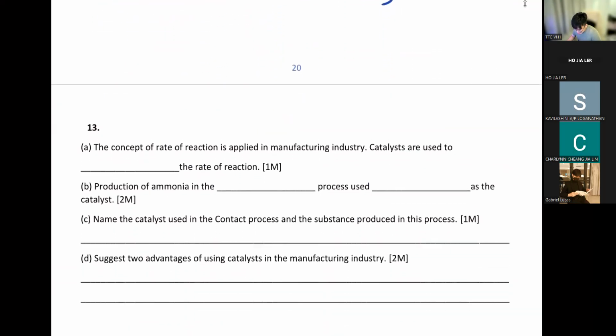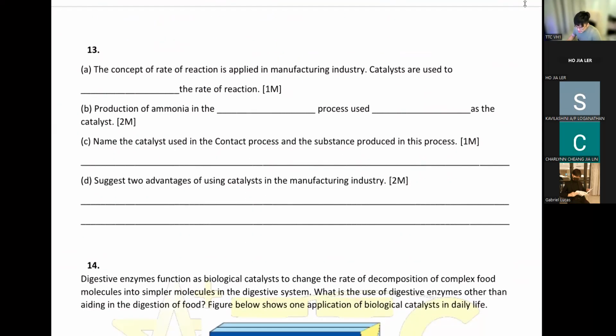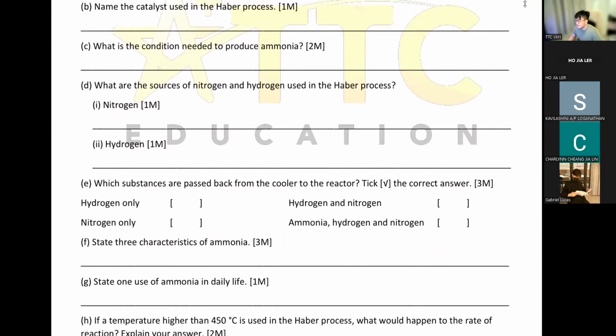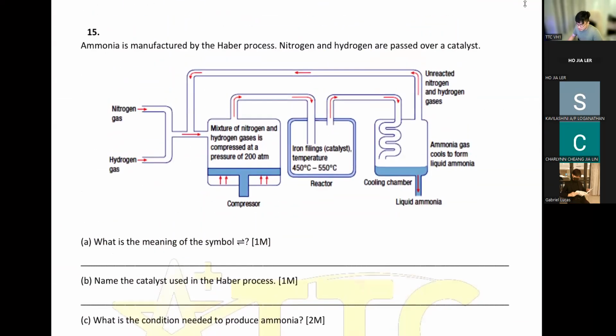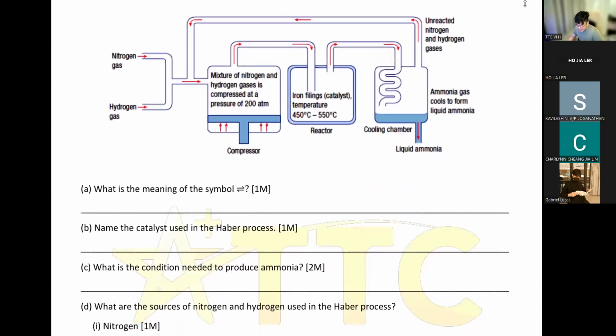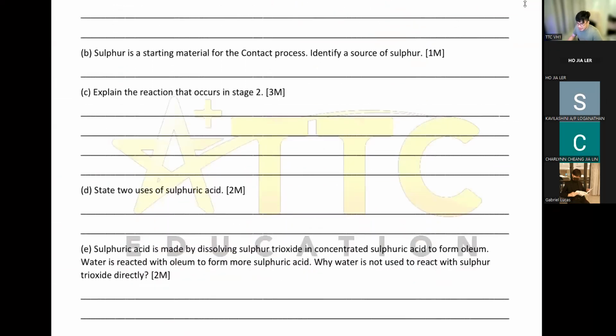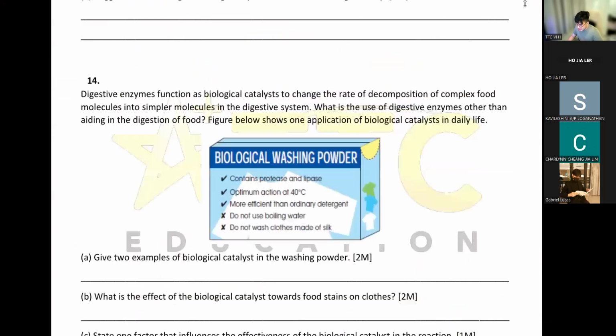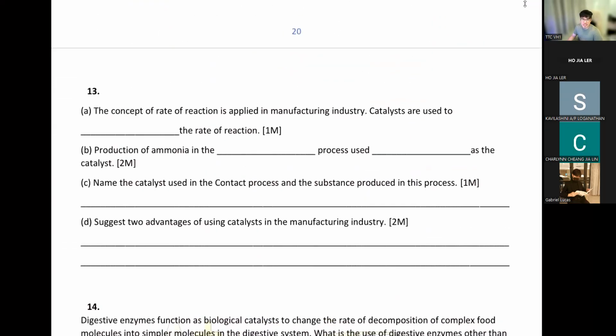Anywho, guys, the remaining questions are a bit long, so I will leave them. Because it's holiday, I don't want to do too much. If you have the time, please go home and finish all the exercise. When we come back after the holidays, I will not go to chapter 5 just yet. I will finish the exercise first before I jump to chapter 5.